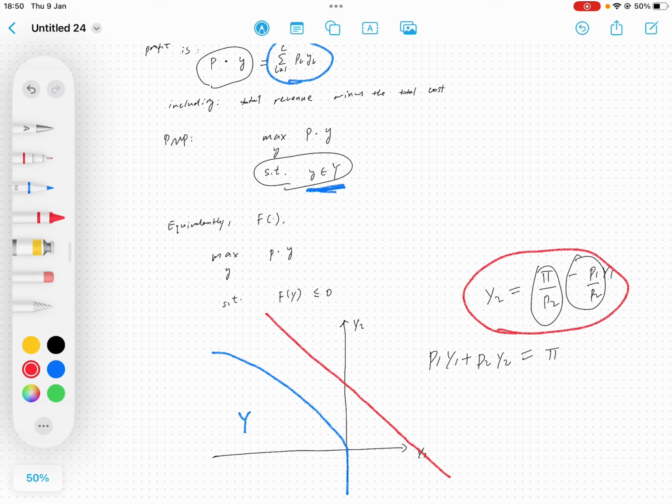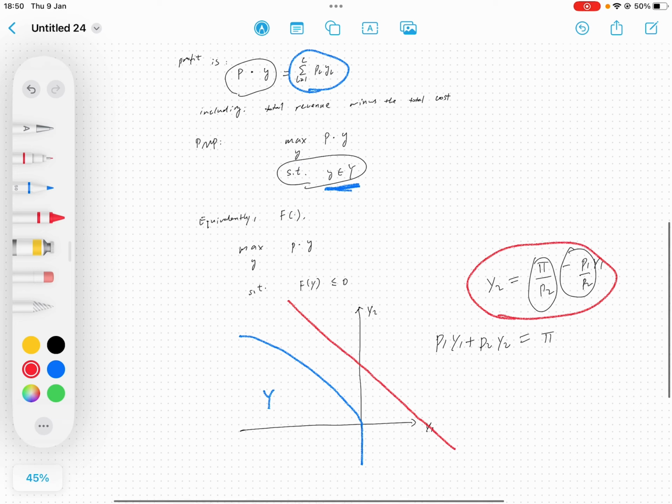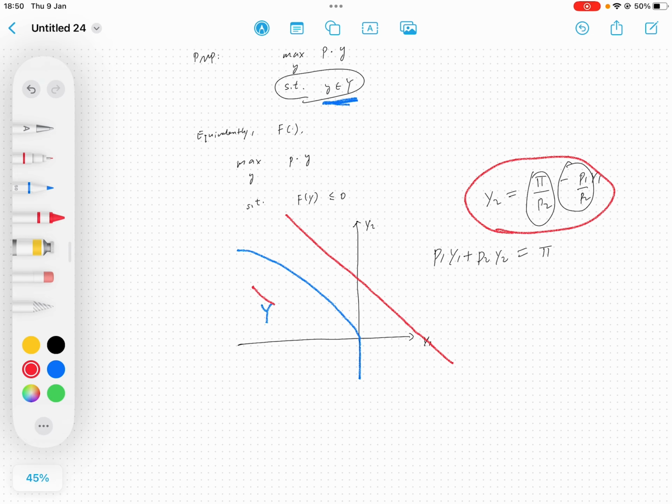So using the slopes to indicate the prices, the price ratio, exactly. So that's very obvious, right, from here. So we want to maximize the profit, okay? So we just try to move this red straight line as far as we can upwards, right? So we know that this could be somewhere here, but we have to let this y be able to produce, right?